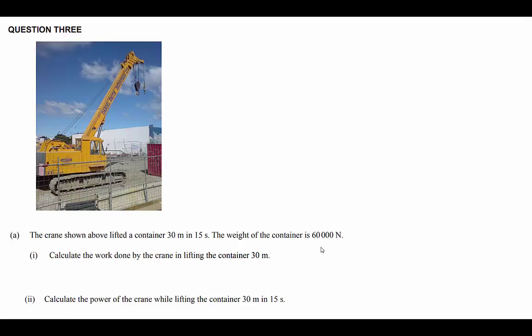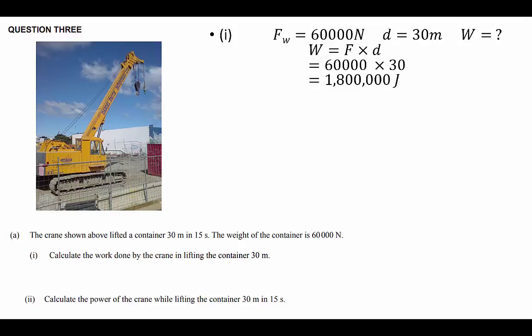That's already given us force, and so either of those equations are effectively the same thing. So the weight force 60,000 newtons, the distance 30 meters, and the unknown work done. Substitute that into our equation for work done, gives us 1,800,000 joules. Remembering that work done and energy are the same thing.